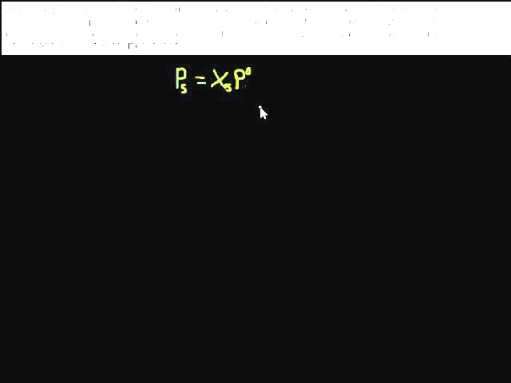Okay, so remember that this has to be the mole fraction. If this is the mole fraction for the solute, you get the pressure for that solute. If this is for the solvent, then this is also for the solvent.